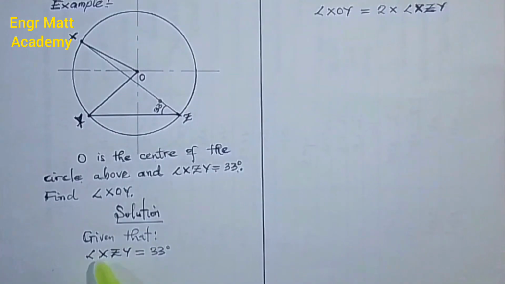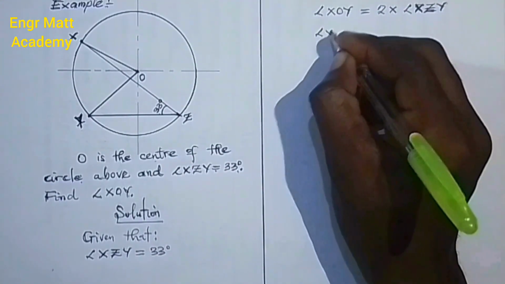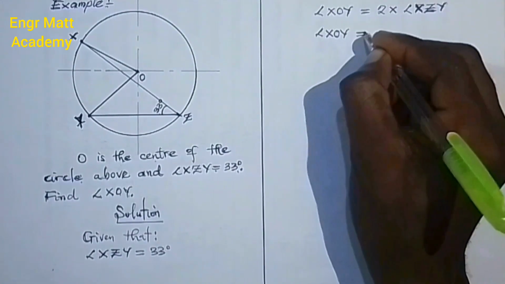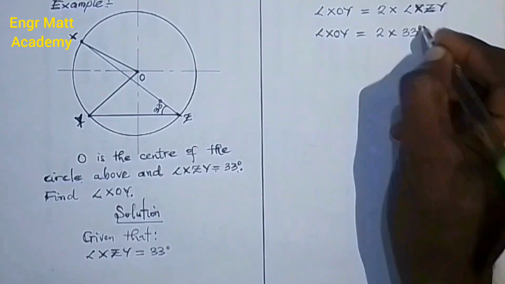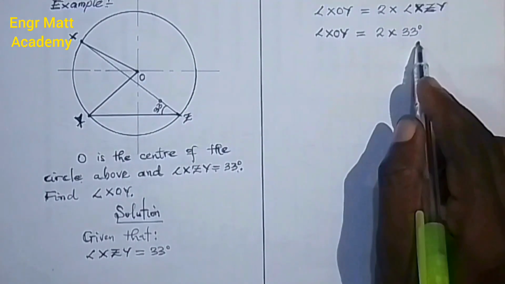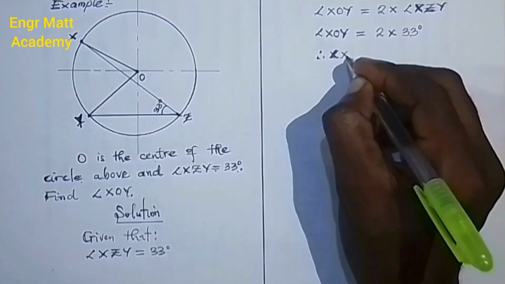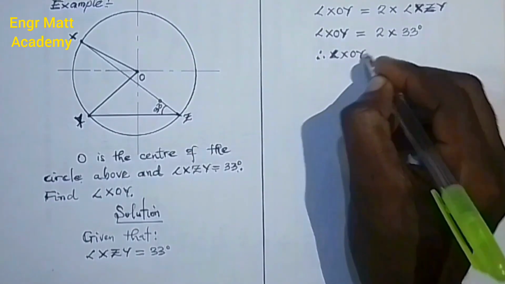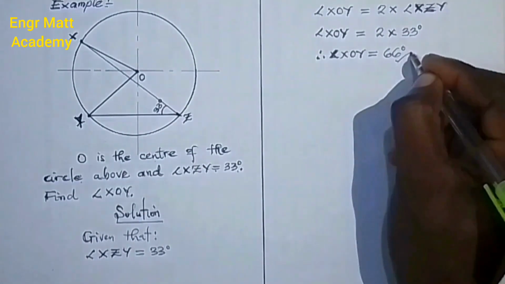Now, angle XZY is 33 degrees. This means that angle XOY is equal to 2 times 33 degrees. And if you multiply that, what do we have? It means that angle XOY is equal to 66 degrees.